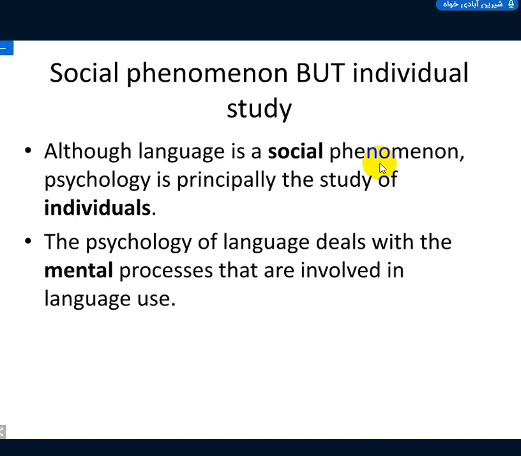We just study language which is in the mind of the individual, because psycholinguistics is the psychological study of language. It means that we are considering the brain, the mind, and the mind is just one person's mind, not many different persons' minds. So we can only understand one mind because there is just one individual mind.